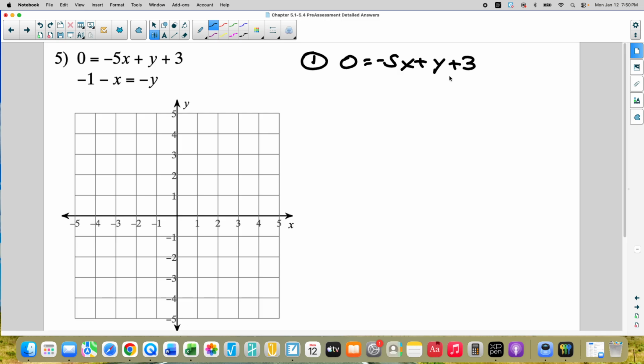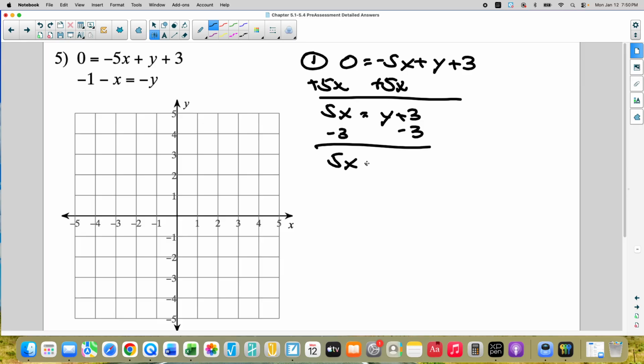I'm going to get y by itself. So I'm going to move the 5x. I'm going to move the 3. And I get 5x minus 3 equals y, which can be written as y equals 5x minus 3.